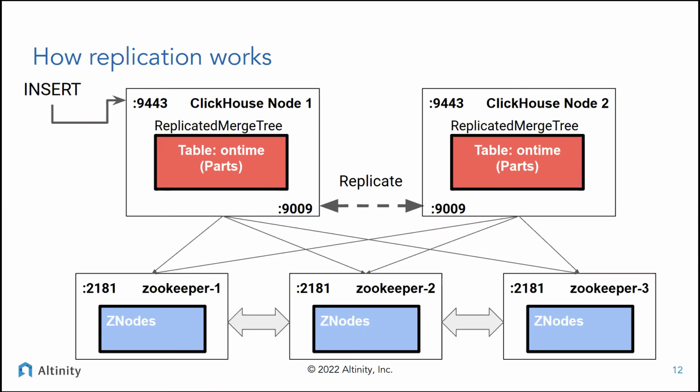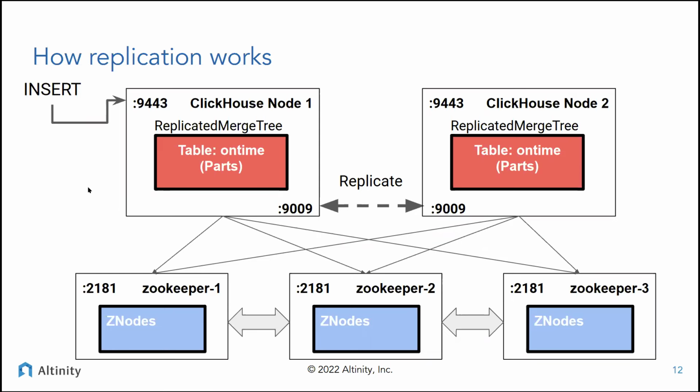If we insert data into the first node, node 1, and it lands in this on time table, it will create one or more blocks, or parts, as we say, and those parts will then eventually get replicated to node 2. By eventually, I mean that by default it doesn't happen instantly, but within a short period of time the blocks will show up on the other node.